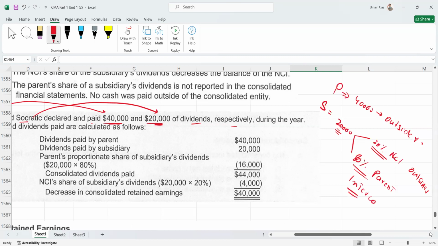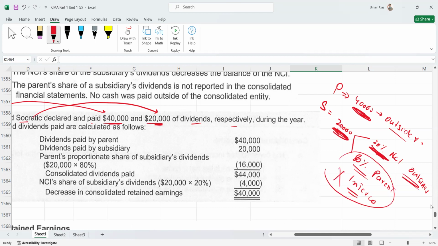Only that dividend which is paid to outsiders will be taken in the consolidated financial statement. And to outsiders, how much is paid? This 40,000 is paid by the parent 100% to outsiders, and 20% of the subsidiary dividend is paid to outsiders. But the 80% will be eliminated.